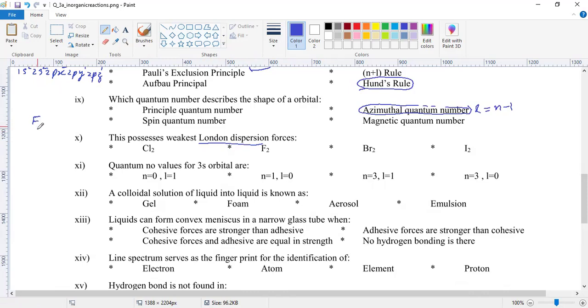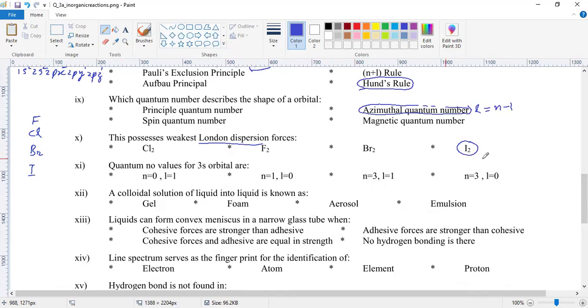Fluorine is in period 2, chlorine in period 3, bromine in period 4, and iodine in period 5, so it has 5 shells and as many electrons. So the maximum number of electrons are in the I2 molecule. So it has greater London dispersion forces because there would be more dispersion and it creates polarization.